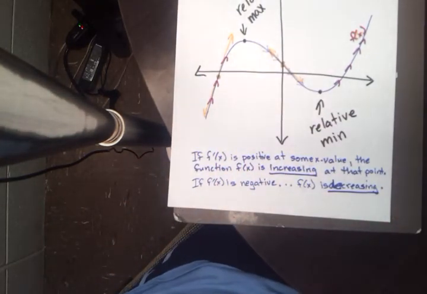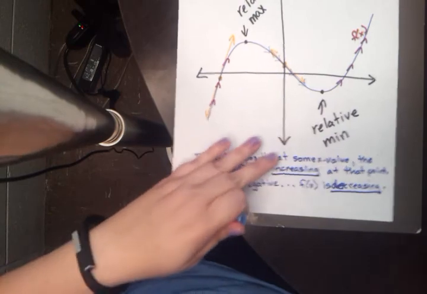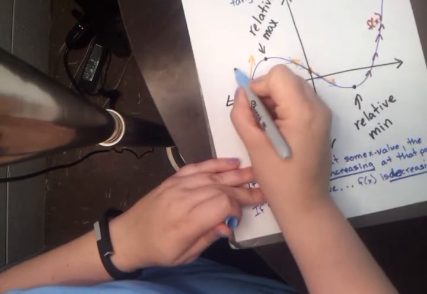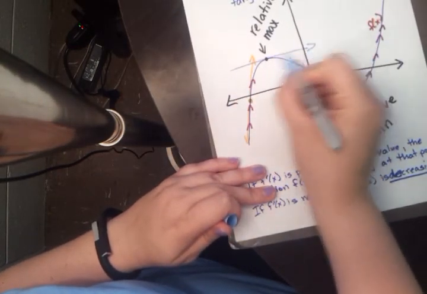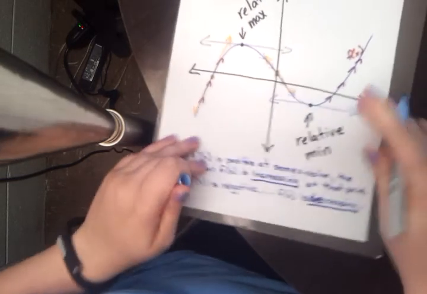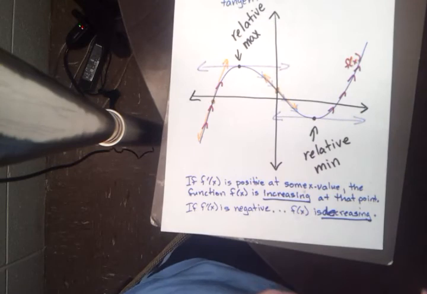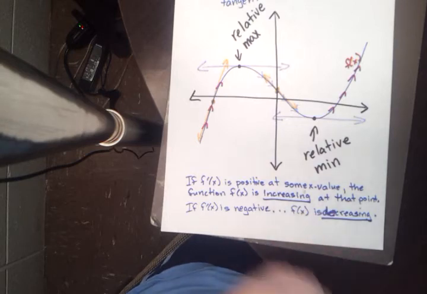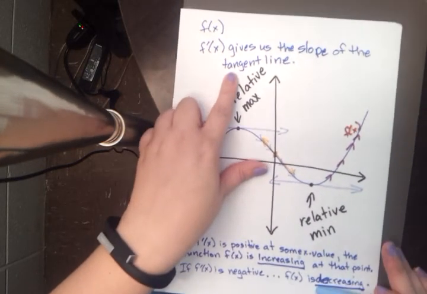The other thing that could happen is we could have a slope that's equal to 0, right? At these points right here, at these peaks and valleys, our tangent line, the slope is going to be equal to 0, okay? So if I ask you to find relative minimums and maximums, you're going to need to find the places where f prime of x equals 0, all right?